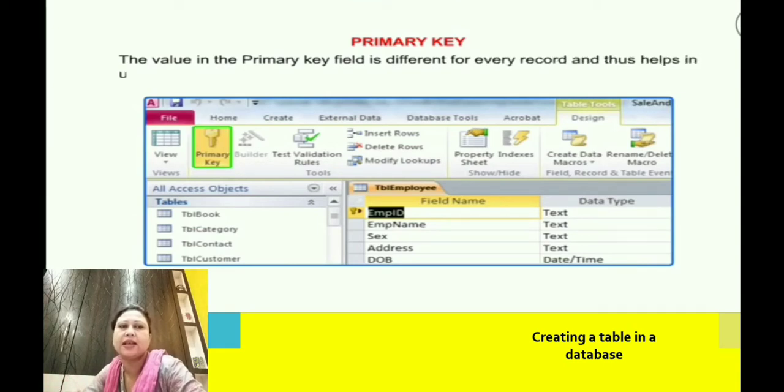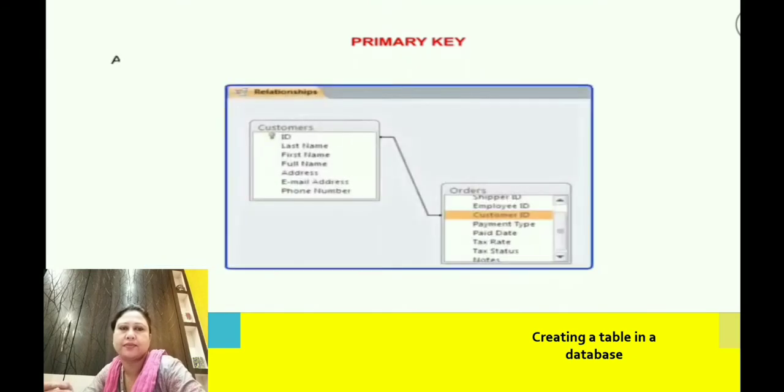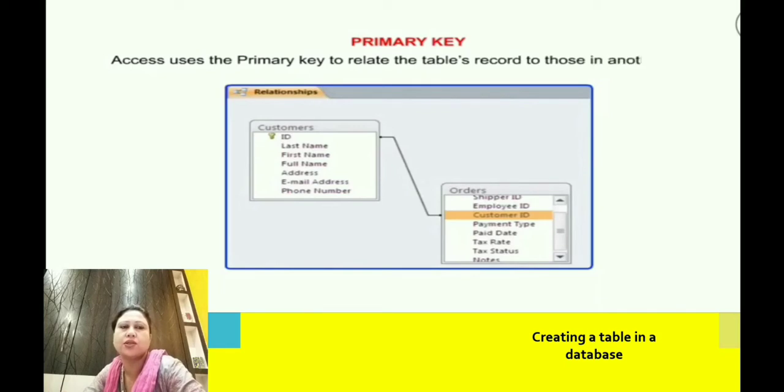Thus it helps us to uniquely identify each record in a particular table. Access uses the primary key field to relate the table's records to those in another table.